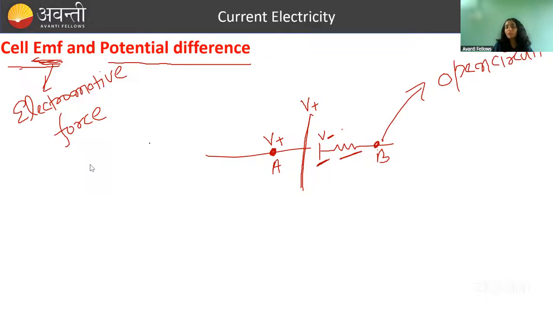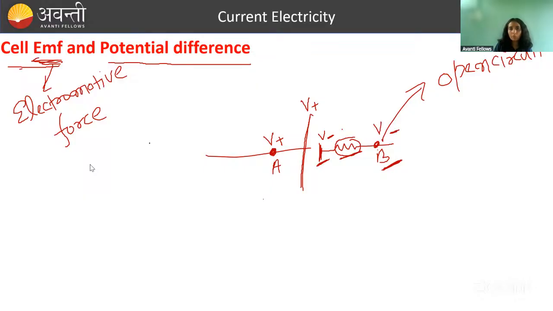Lekin potential will only drop if there is current. If there is no current, no potential is dropping here. It's zero, right? So whatever potential is here at the negative electrode, same potential will be at point B. Because in between point B and negative electrode, there is no drop happening. Got it? So point B का भी potential क्या लिखोगे?